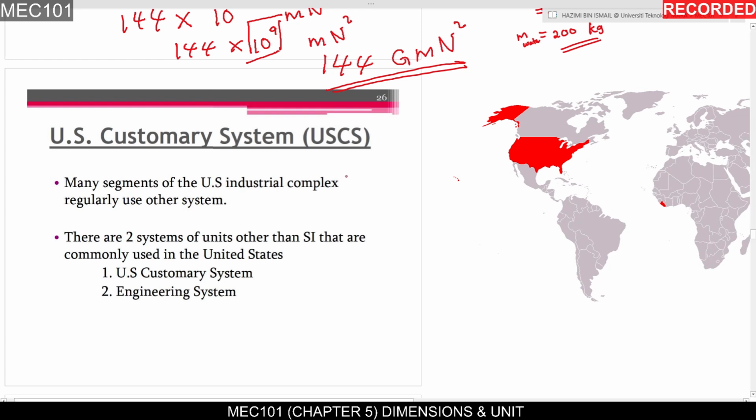When you convert units from USCS to SI, or from SI to USCS, accuracy gets lost. In the space industry, accuracy is very important. So an accident happened. That's why NASA is now using SI units for their work, but for other industrial work like construction in the US, they still use the US customary system.